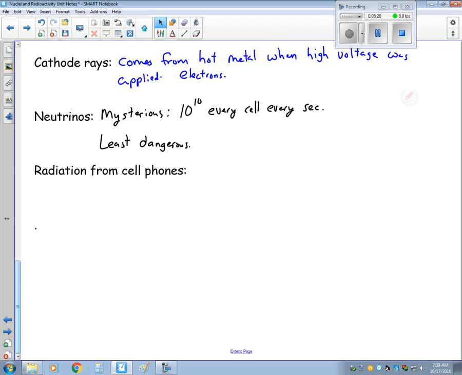And then finally, this one's important, radiation from cell phones. These are actually microwaves. Cell phones use microwaves. And what's important to understand is that this is even lower energy than visible light.